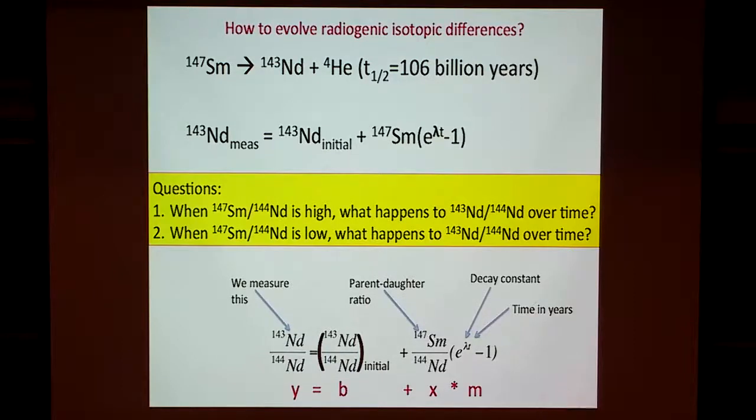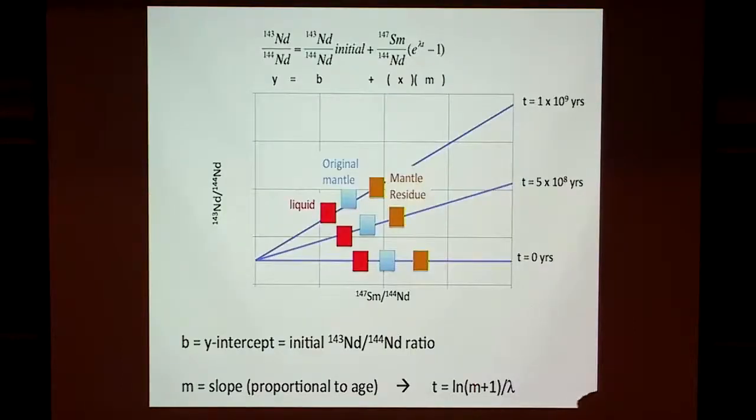Okay, so you can set up the same kind of isochron diagram, but what's fundamentally different about this particular isochron diagram compared to the rubidium-strontium system? That's right. The samarium-neodymium ratio in the liquid is lower than the residue.